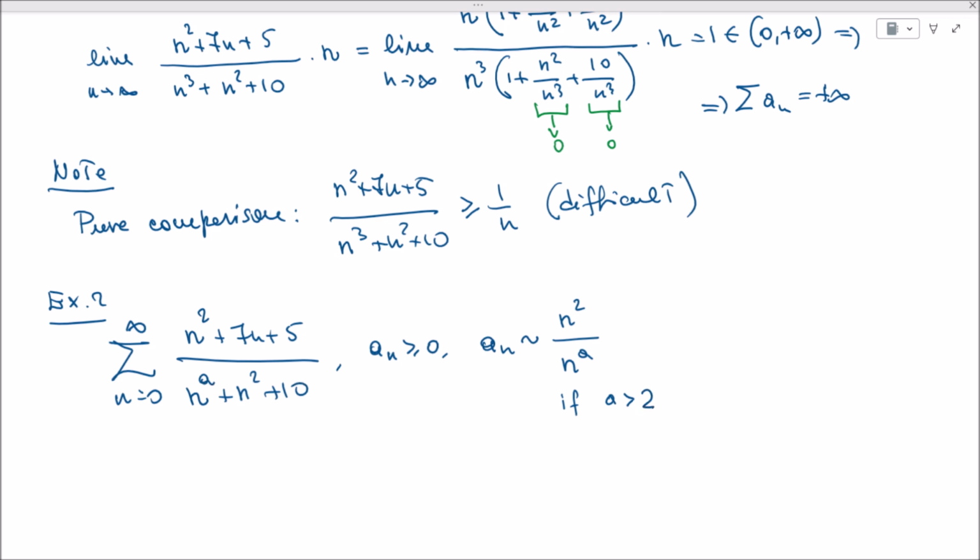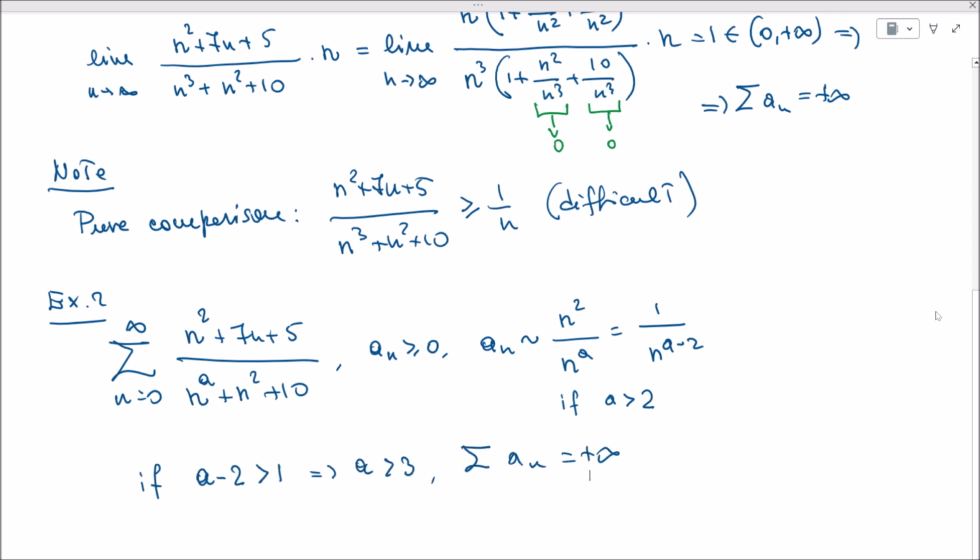So this is 1 divided by n raised to the a minus 2. So we can conclude that if a minus 2 is larger than 1, which is to say that a is larger than 3, the sum of a_n will diverge to plus infinity.